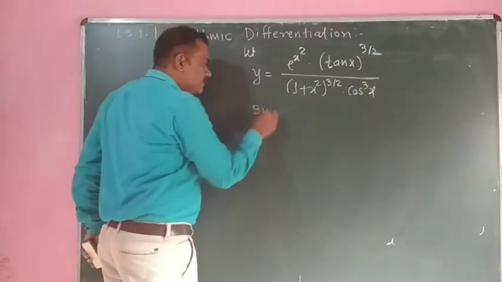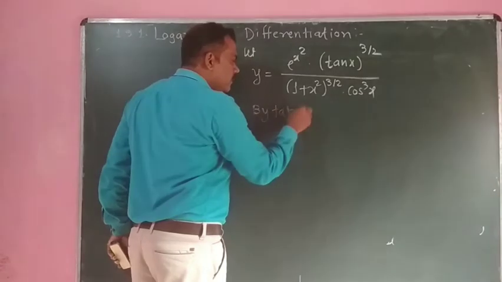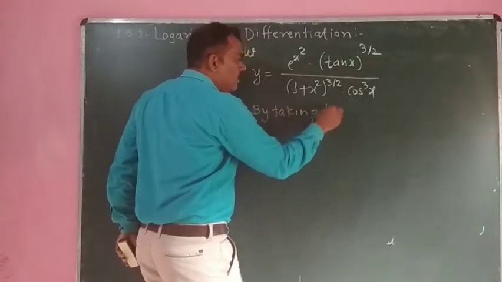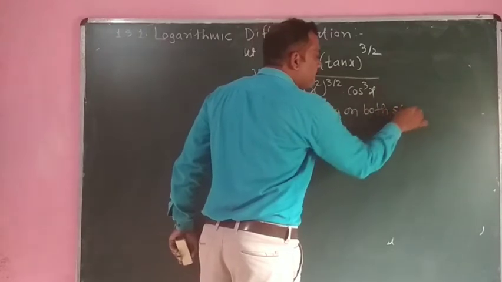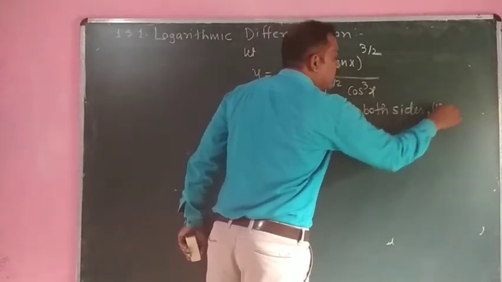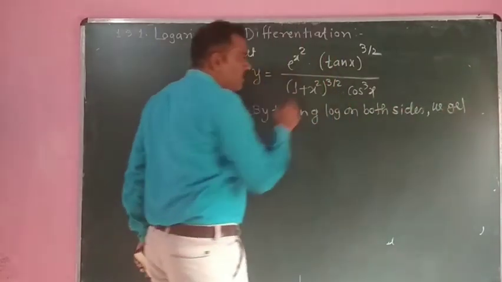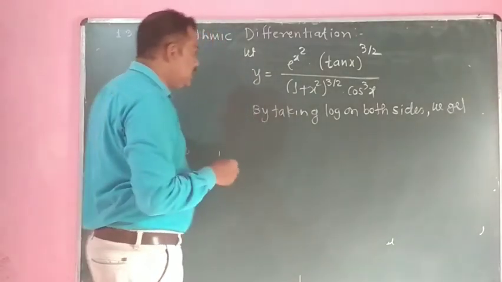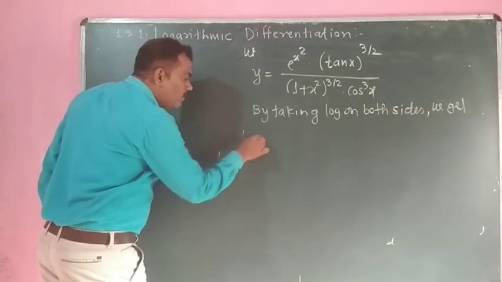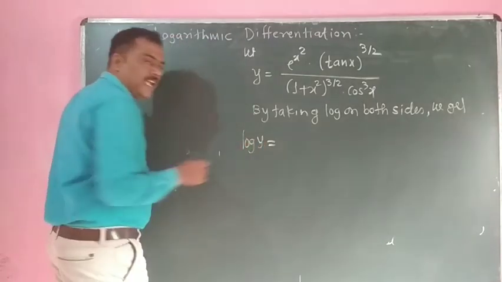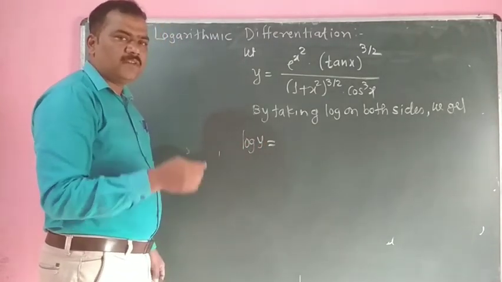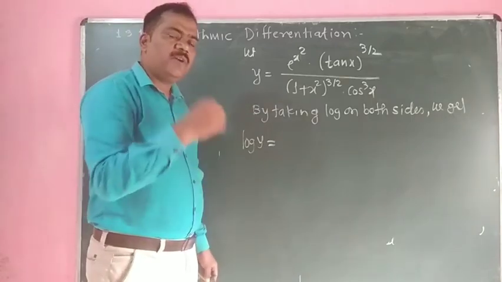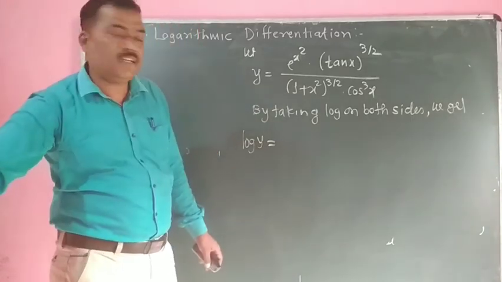Taking log on both sides with the natural base e, log of y to the base e. When the base is not written, we consider that the base is e.